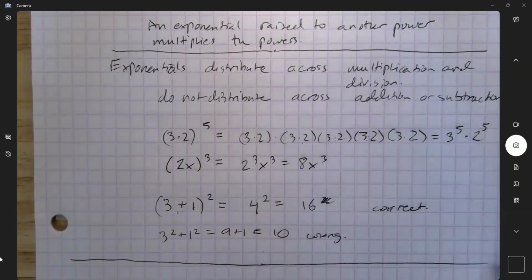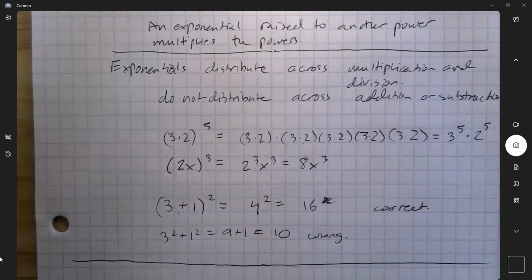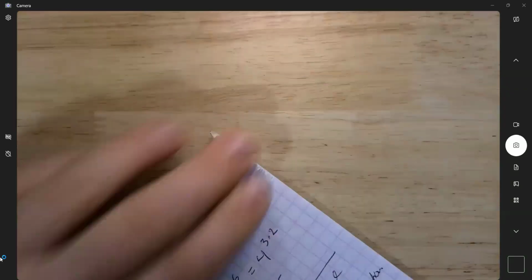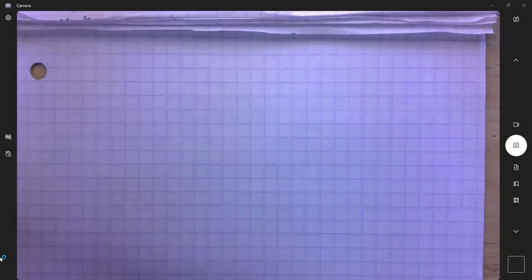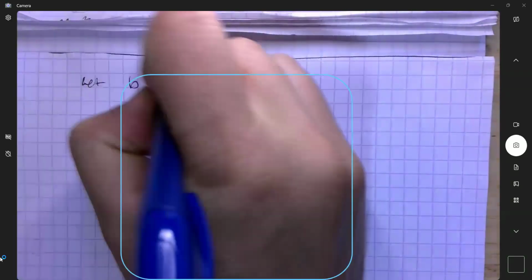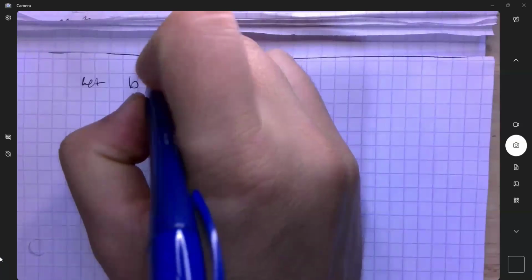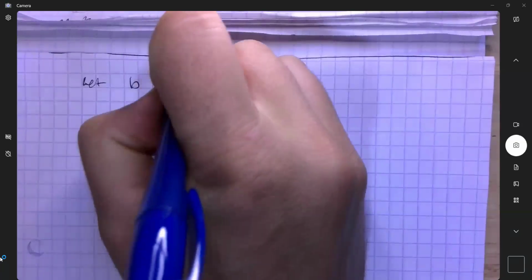Whew, we got more. These rules come and they just keep coming. But they all come from that basic idea of powers as repeated multiplication. So we've talked about, let B be any number.